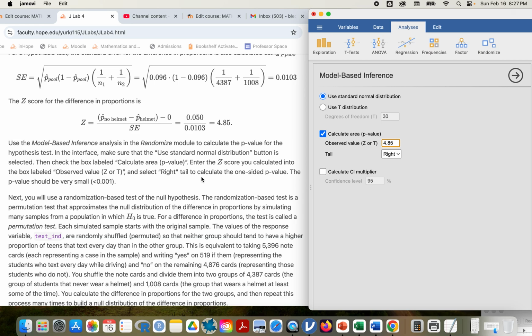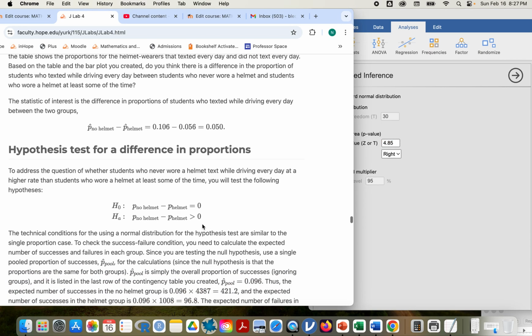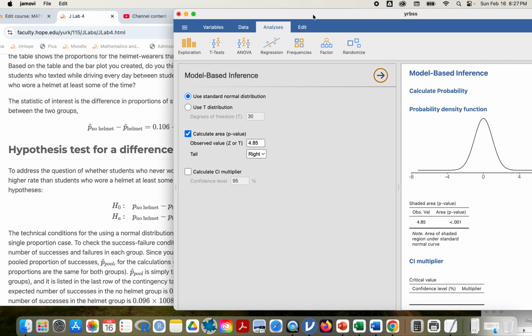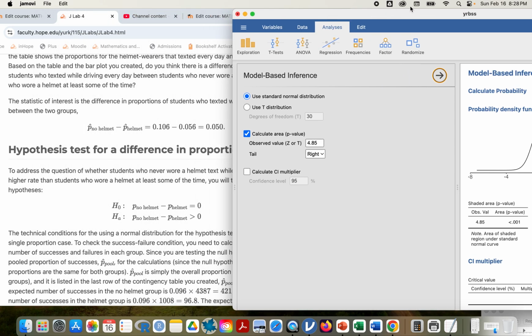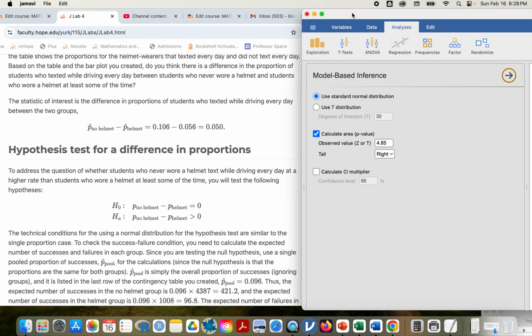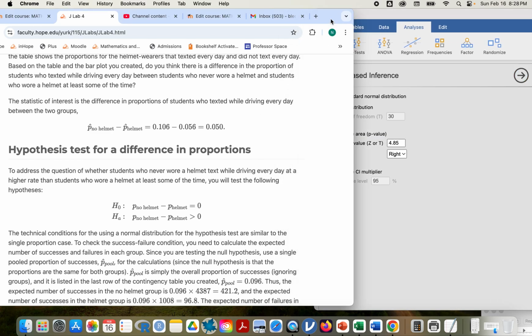The reason we are dealing with a right tail is because our alternative hypothesis has a greater than. That's the right side of the distribution. Now let's scroll back over here, and we're going to see that our p-value is less than 0.001. And so we will be rejecting the null, that they are the same, and we will be saying that the data is supporting the alternative hypothesis.